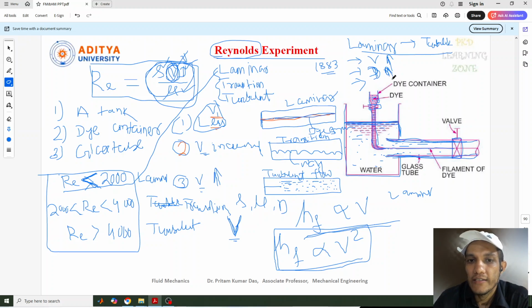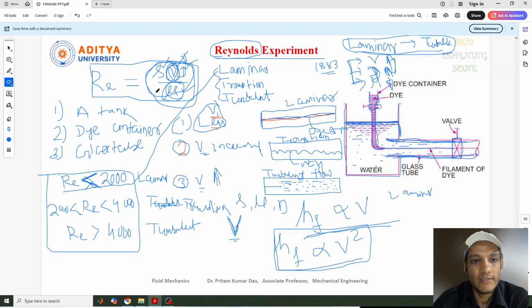Third one is viscosity. Viscosity is in the denominator, so it should be decreased; then only you can get a higher Reynolds number. For a fixed diameter also you can identify, but when laminar flow changes to turbulent, these points are necessary. Velocity and diameter should be increased because they are in the numerator, and mu is in the denominator, so it should be decreased.